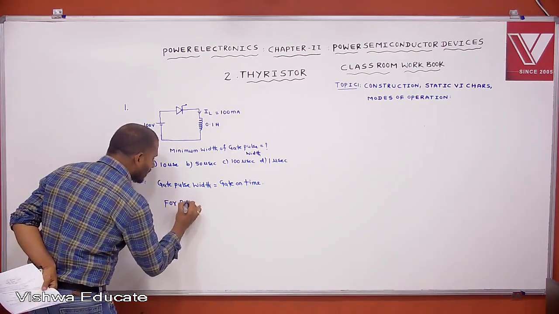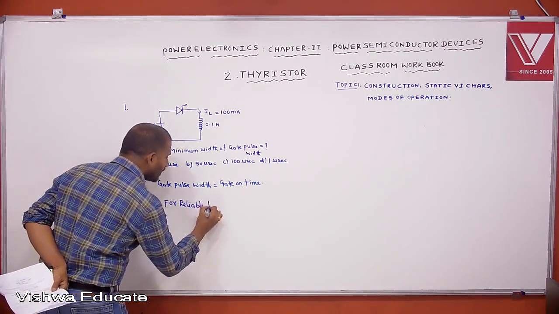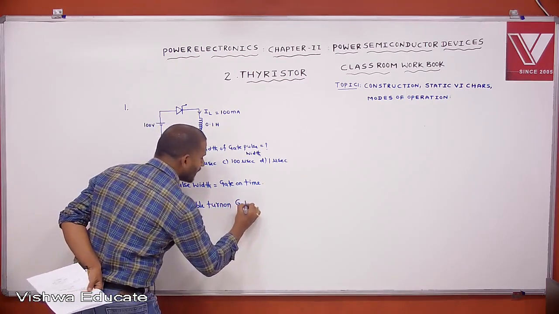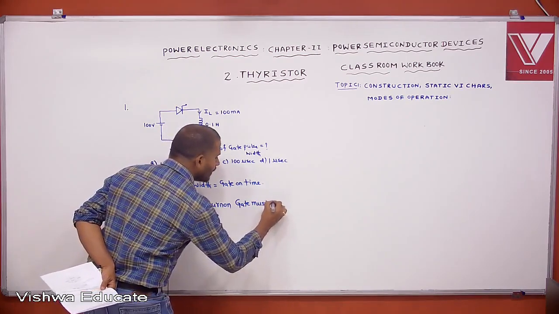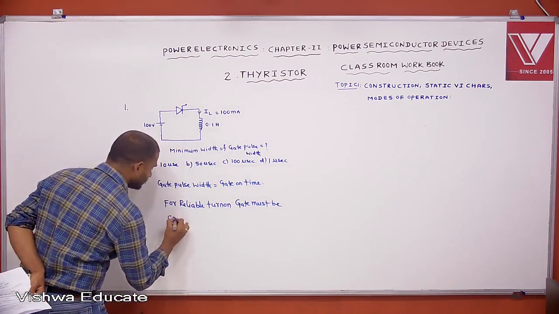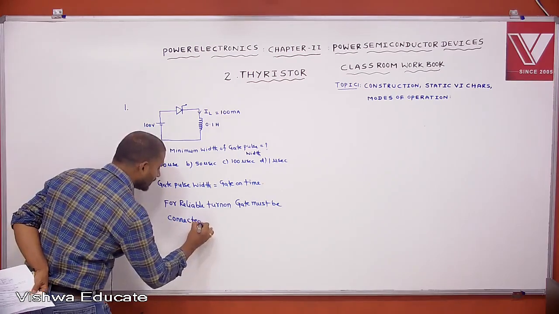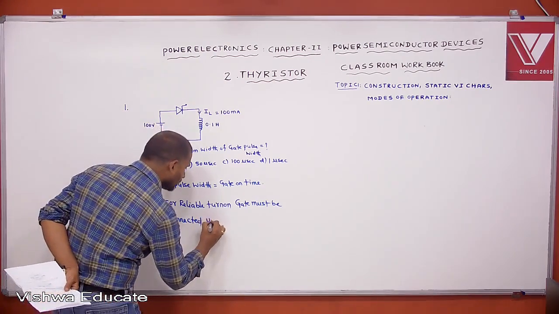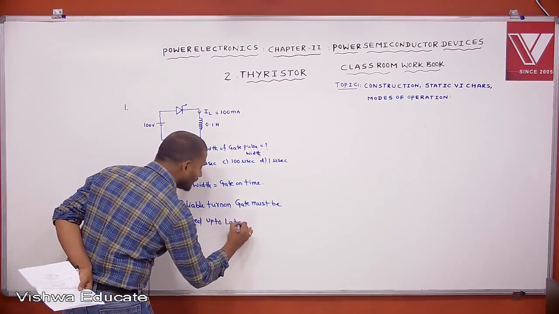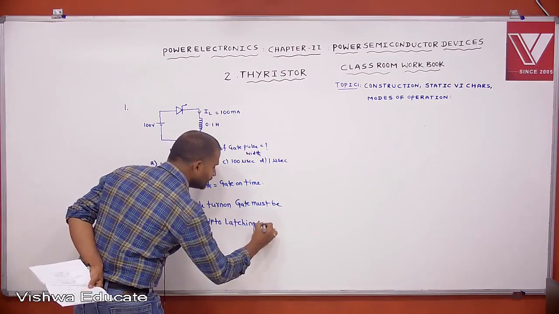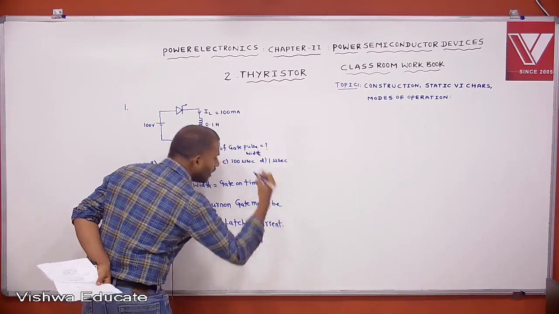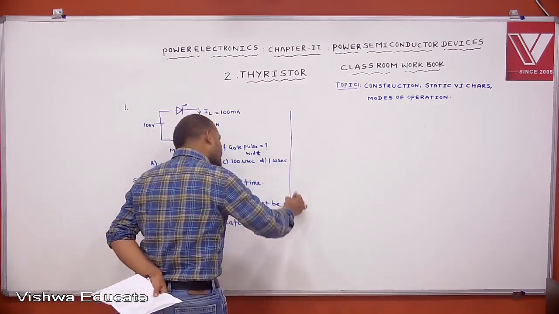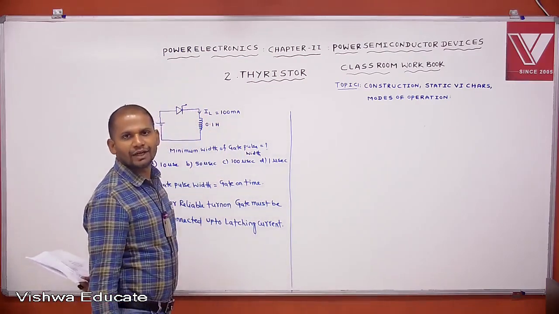For reliable turn on, the gate must be connected up to latching current. Then in this circuit, you find the time corresponding to latching current.